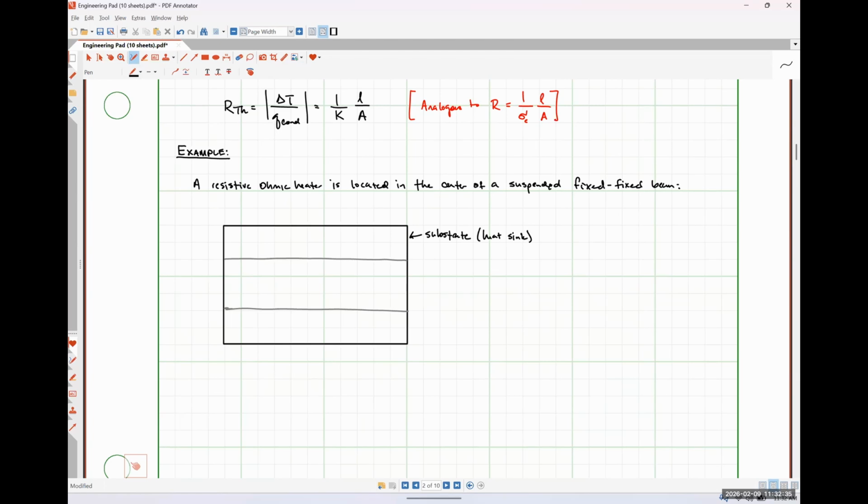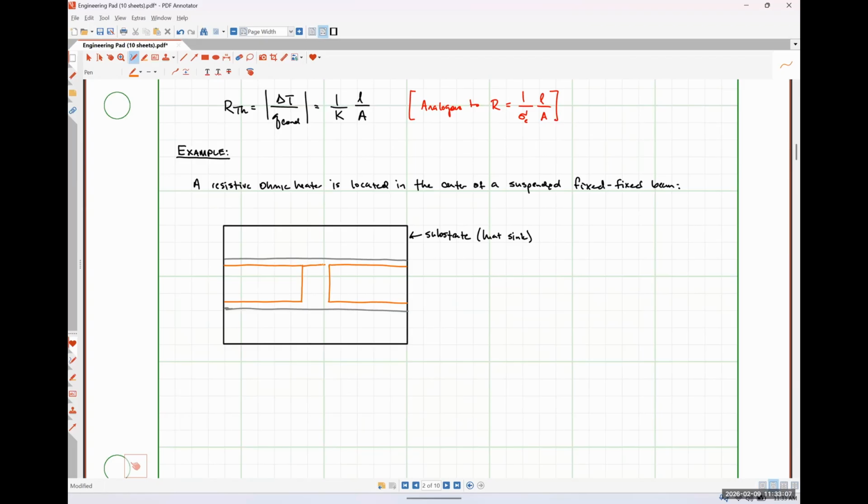We've got our beam on top, and then on top of that, and I'll do this in gold, we're going to have a metal strip like so. And then connecting these two metal strips is going to be our heater.